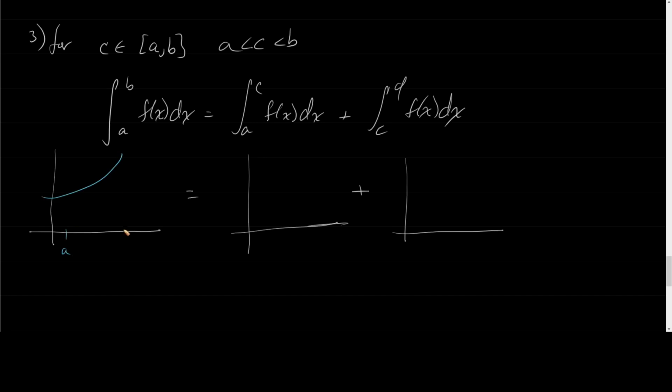In here we're going to say we have, let's say, something like this. This is A, this is B, and this is C. And perhaps I should not do that. I'll just copy this one. This is the integral from A to B, right?